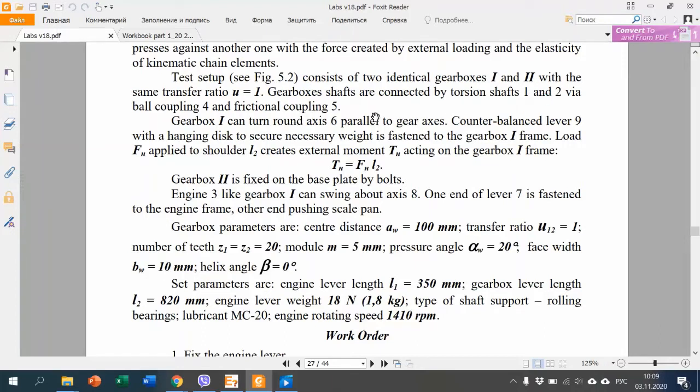Number 3 is engine. Number 4 is ball coupling.